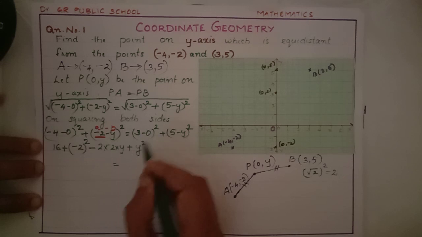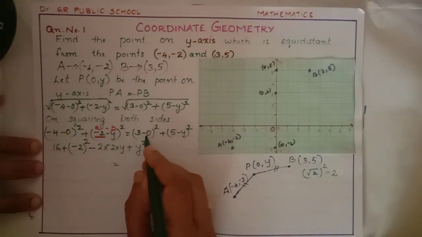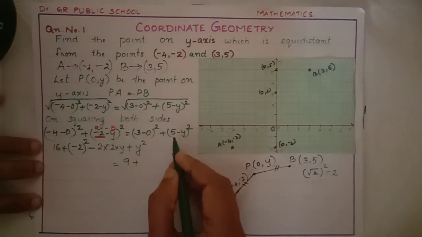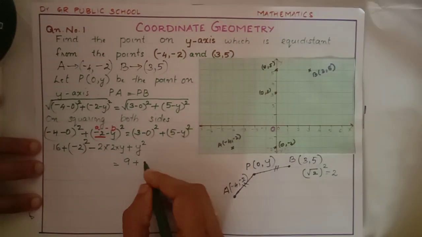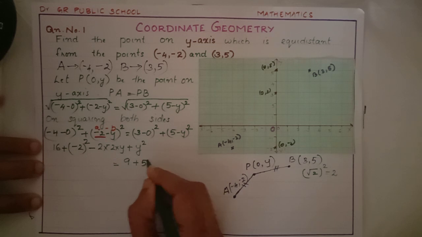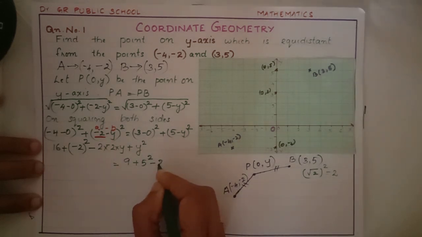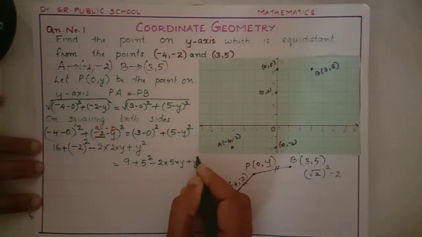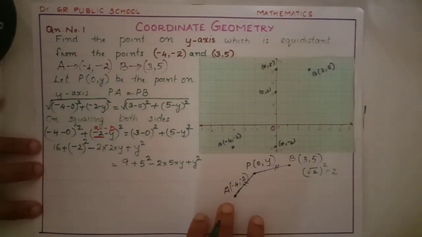Then equal to (3 minus 0) the whole square. 3 minus 0 is 3, and 3 squared is 9, plus again (a minus b) the whole square: 5 square minus 2 into 5 into y plus y square. Okay, children.